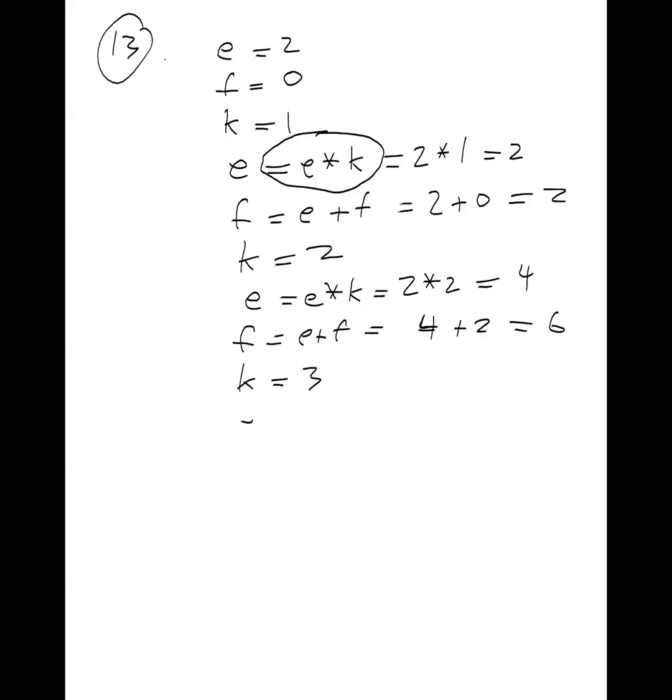Then you're going to do E equals E times k, which is equal to 4 times 3, which is 12. And then you're going to do F is equal to E plus F, which is equal to 12 plus 6, which is 18. There we go, perfect. So you're done with that.